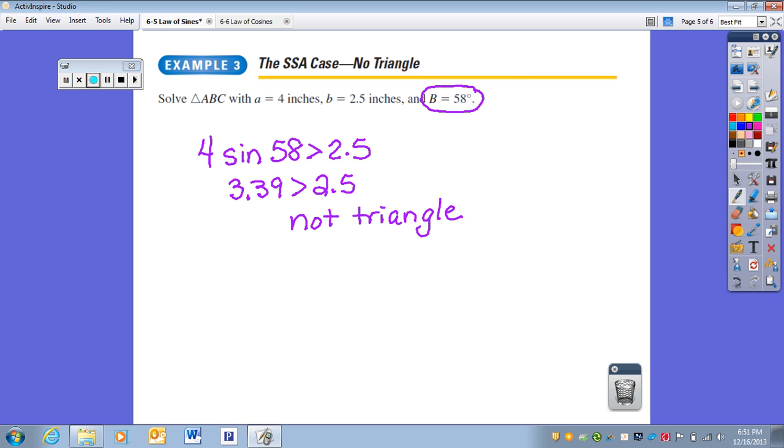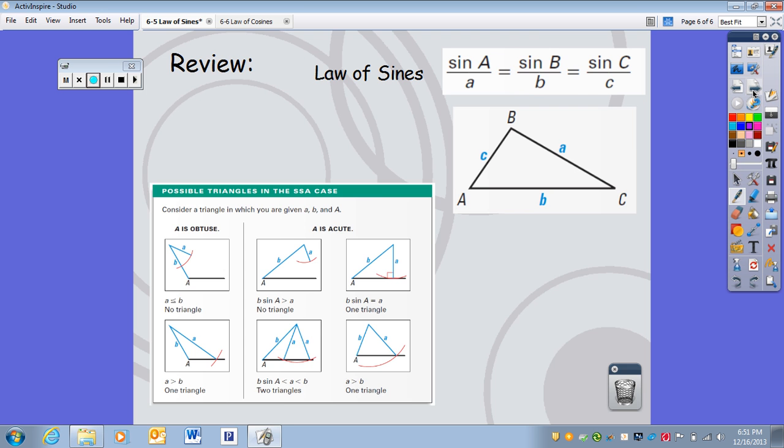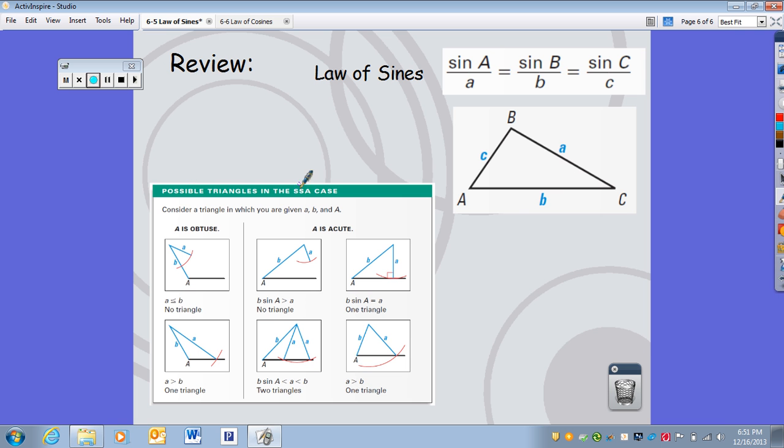So to review, in order to use the law of sines, we always need to check the possibilities of our triangle if we have a side-side-angle case. If we have cases that are angle-side-angle or angle-angle-side, we should be able to use the law of sines and set up our ratios and proportions in order to find the measurements of the sides and the other angles that we have missing.